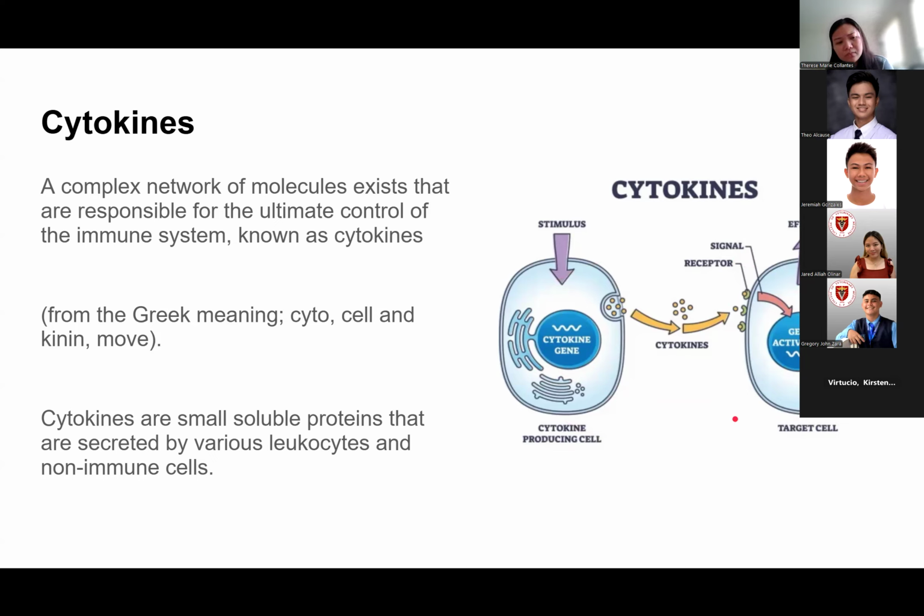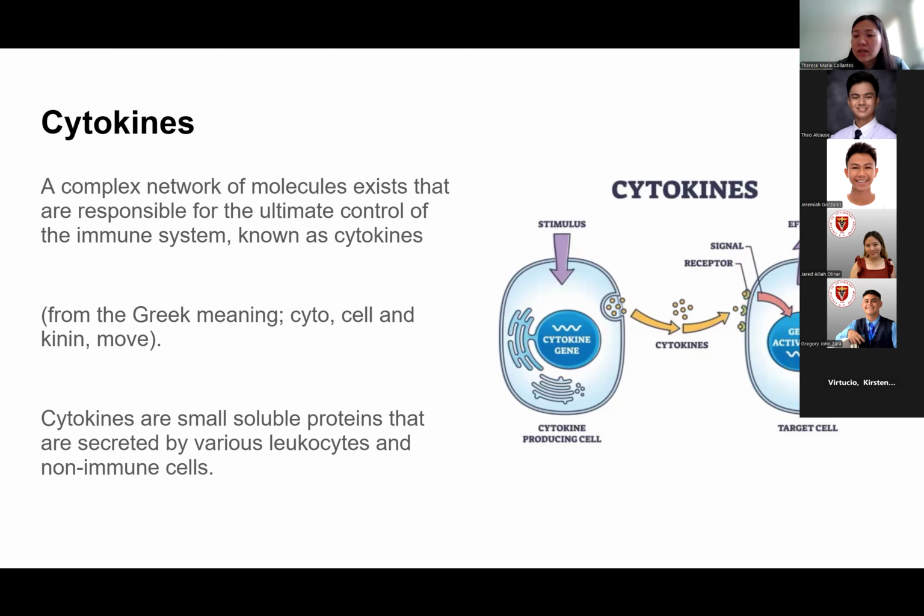If there is a stimulus, in our case the pathogens or the antigens, once they are recognized by the PRRs, they can stimulate the release of these cytokines. The cytokines will be received by the target cell through what we call a receptor, and this interaction between the cytokine and the receptor will produce a signal that will result in gene activation.